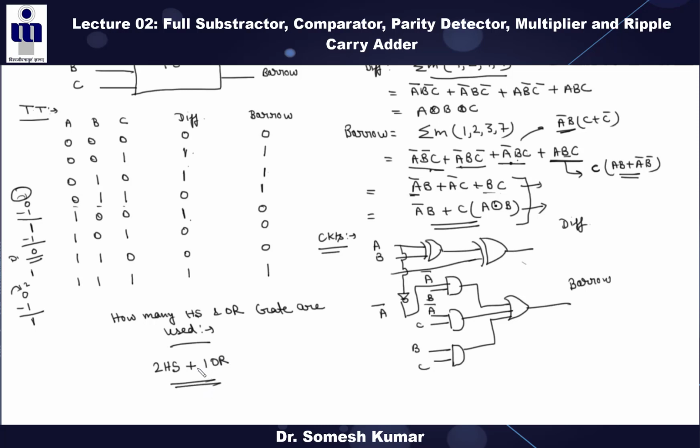Clear? So I think now you can easily design it. I am not designing this here. You can design your full subtractor using the half subtractors and one OR gate. For that you have to use this expression, right? I am not going into the detail of this, so you can design it.